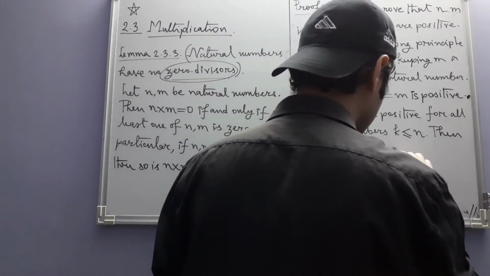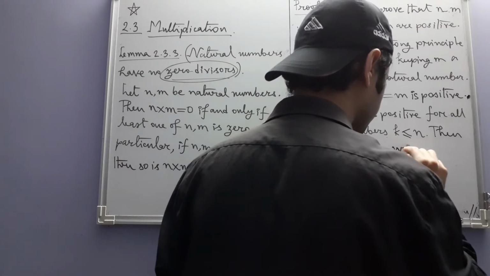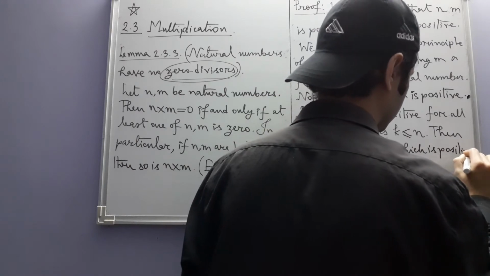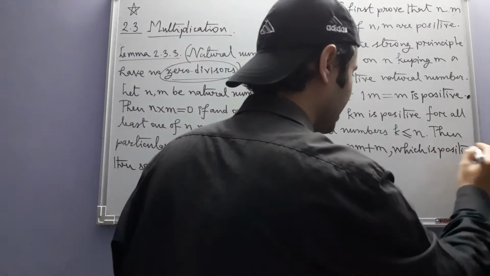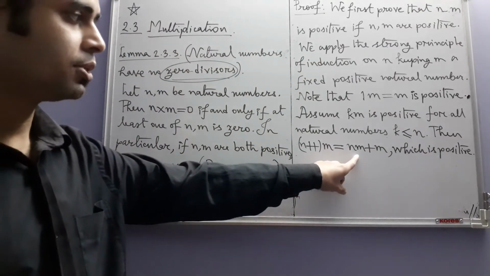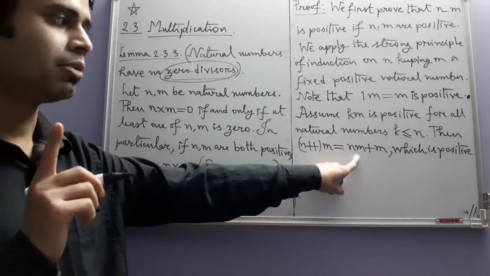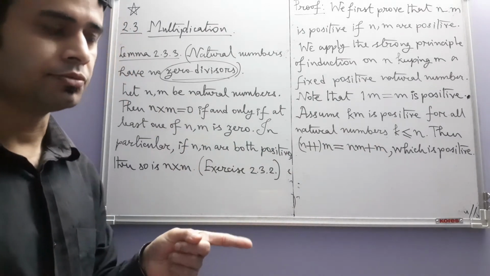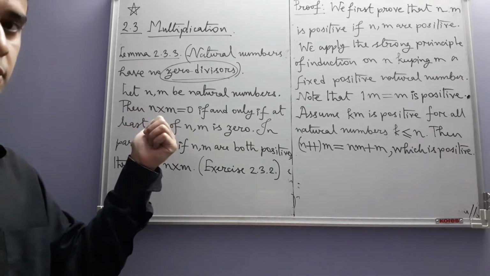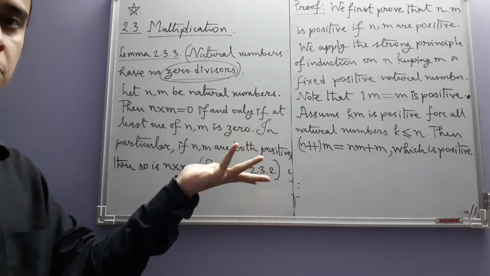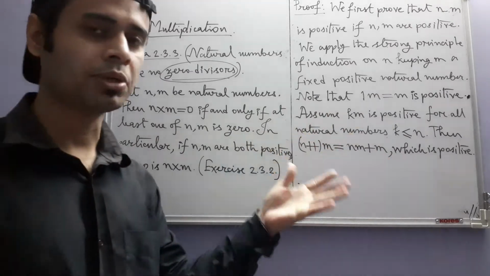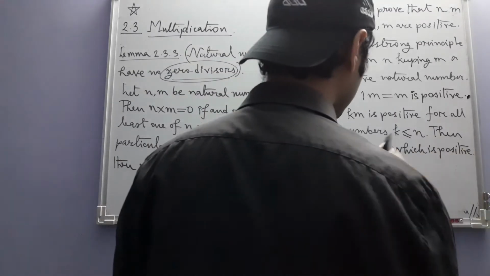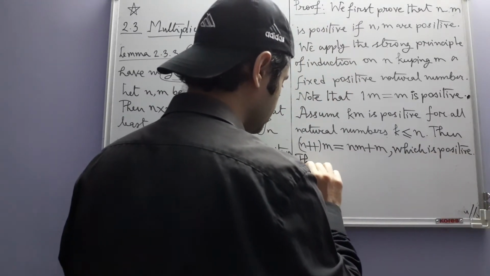So this is positive, because we proved that the sum of two positive natural numbers is positive. This we proved in the previous section. Since we assume these things to be known, we are not mentioning which result. You can go back and check which one it was. So this is positive.